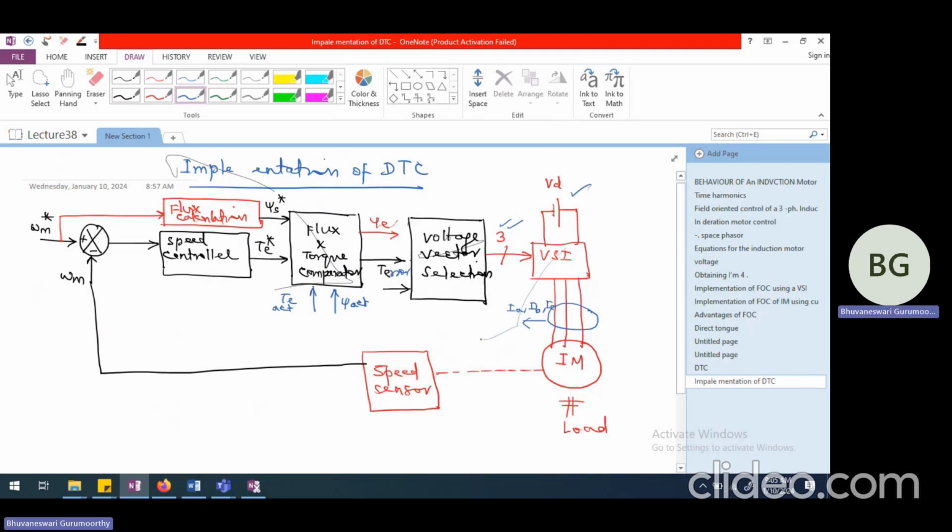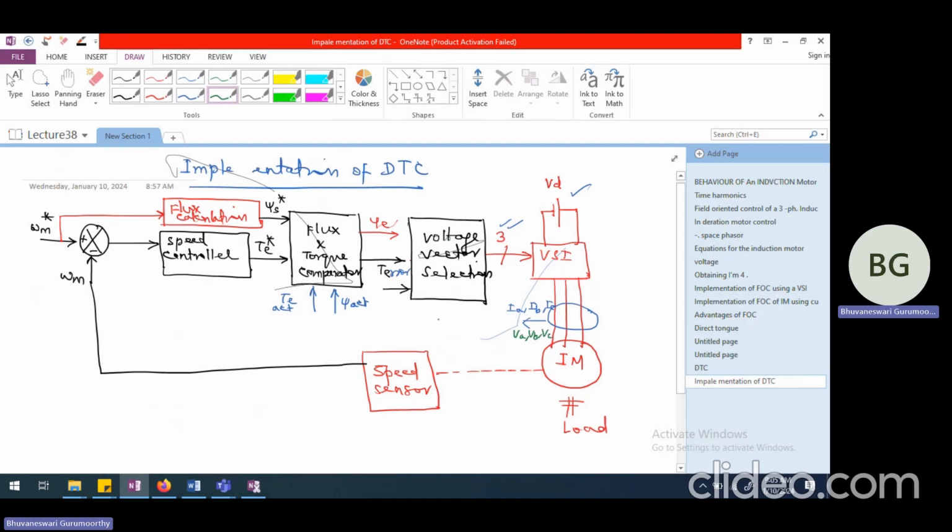So we should be able to calculate the voltage. We should say voltage calculation needs to be done. So VA, VB, VC is also calculated, and IA, IB, IC is sensed.